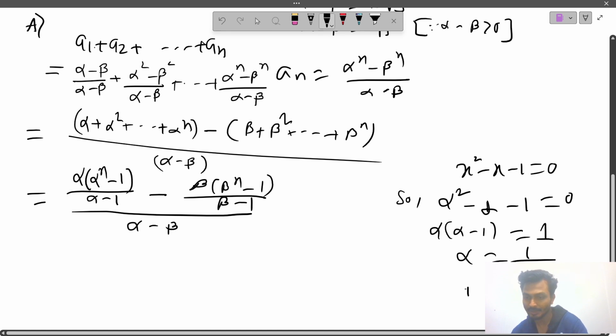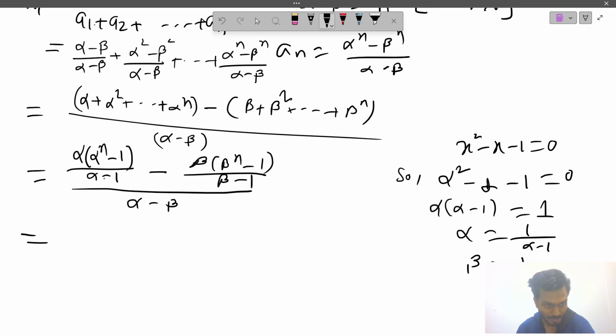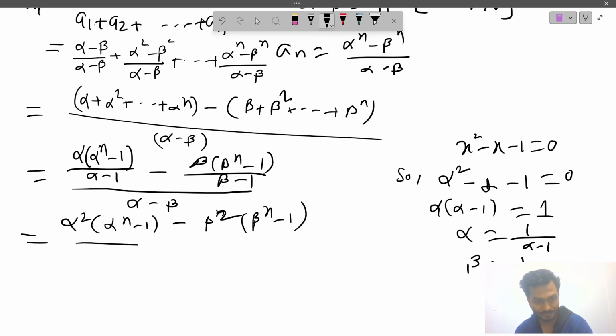Similarly, beta will be 1 by beta minus 1. Let us put this here. So 1 by alpha minus 1 will be alpha, and this will be alpha square into alpha to the power n minus 1. Similarly, minus beta square into beta to the power n minus 1, divided by alpha minus beta.